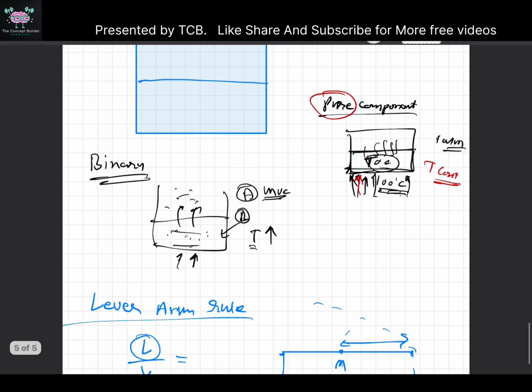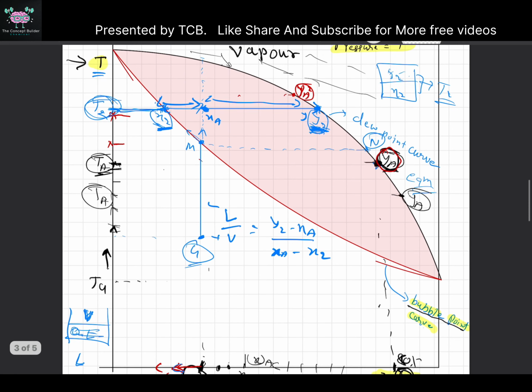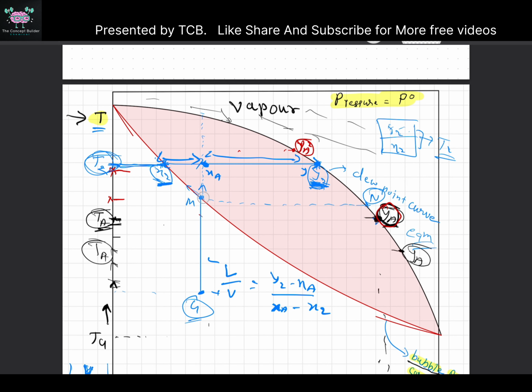What's next? You have understood the lever arm rule, and as I told you, as you move further, there will be things like that. One thing I am clear about, X and Y are the equilibrium concentrations, both of them.